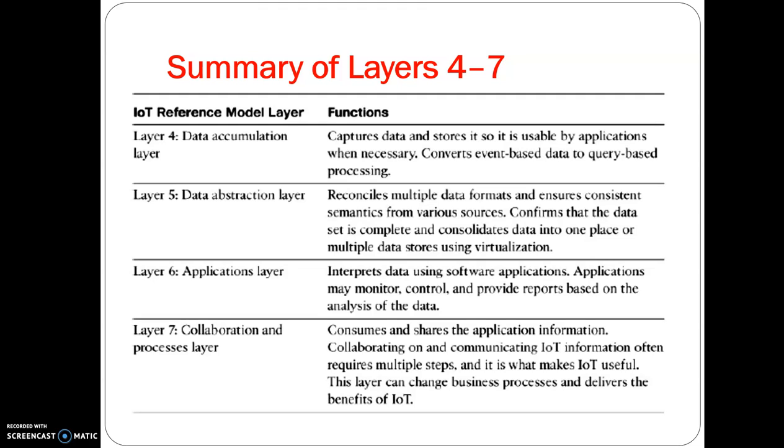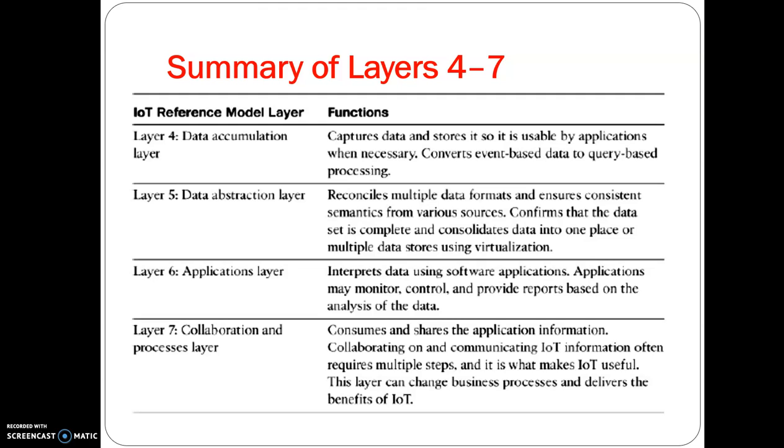Layer number 5 is the data abstraction layer, which reconciles multiple data formats, ensures consistent semantics from the various sources, confirms that the data set is complete, and consolidates the data into one place or multiple data stores using virtualization.